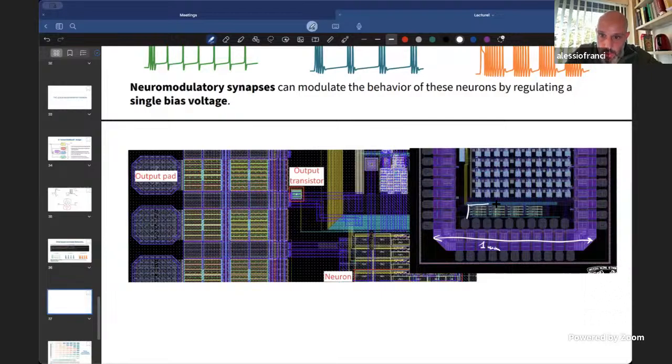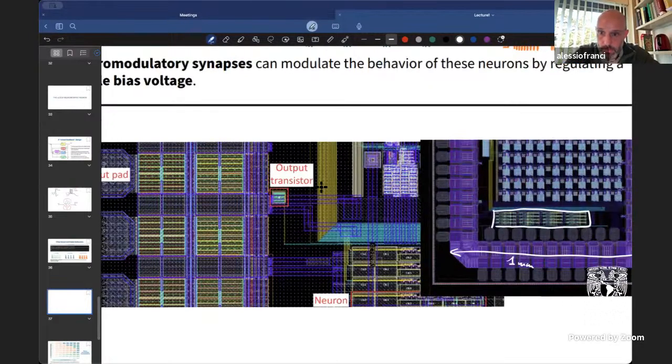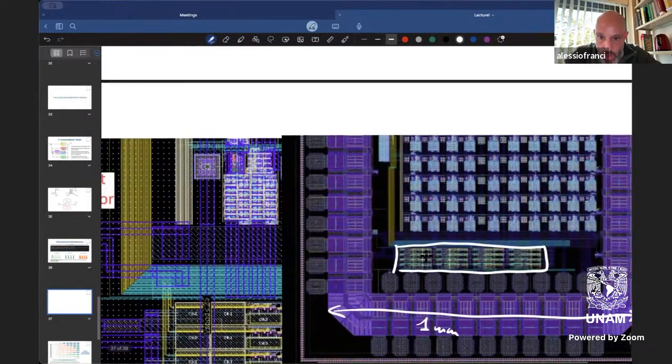Loris's neurons are here. This block that you see here is 16 neurons. You can even count them. If we zoom inside a little bit, you can see 1, 2, 3, 4, and 1, 2, 3, 4. So this is a 4 by 4.